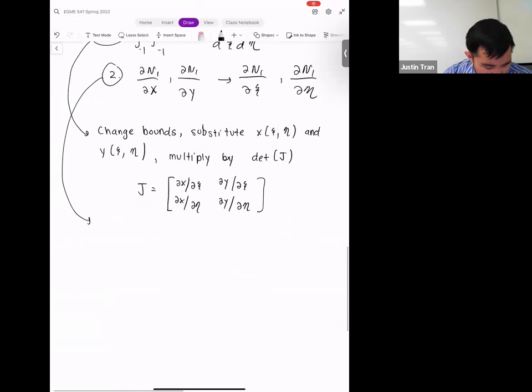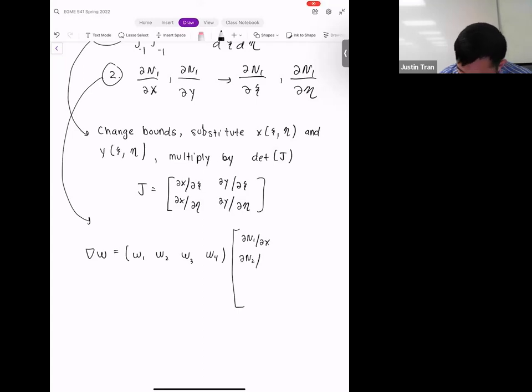And so just to remind you, let me go ahead and write out the vector form for gradient of w and gradient of T. Okay. And so gradient of w looks something like this. And if we put it in matrix form, we have this matrix with all of the shape function derivatives with respect to the physical coordinates.